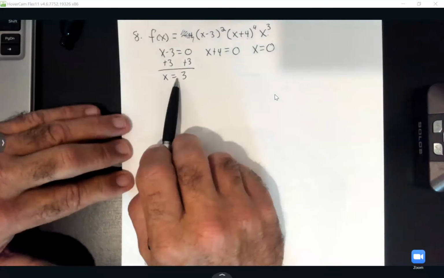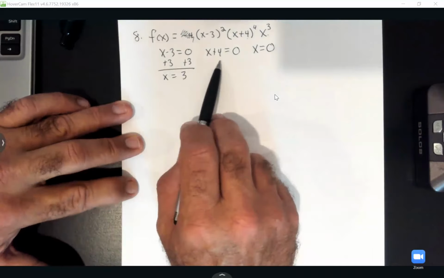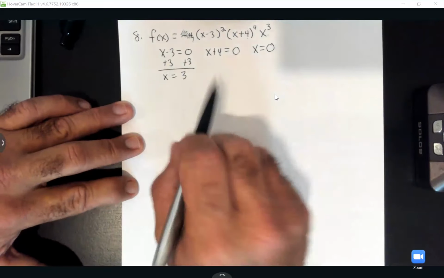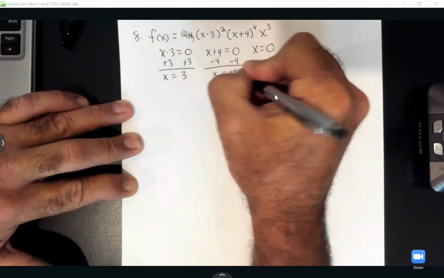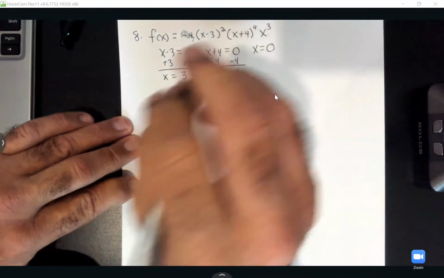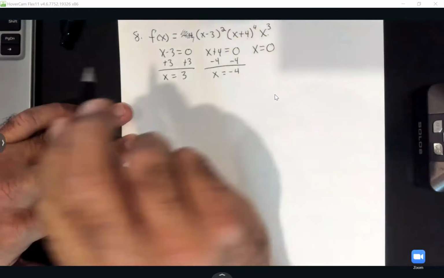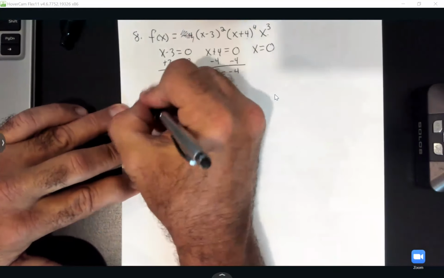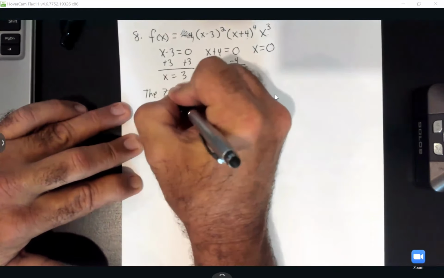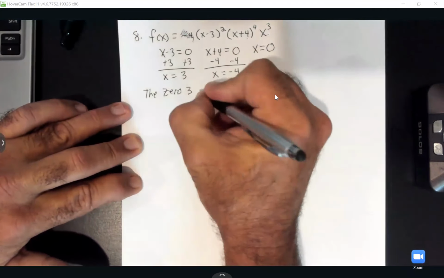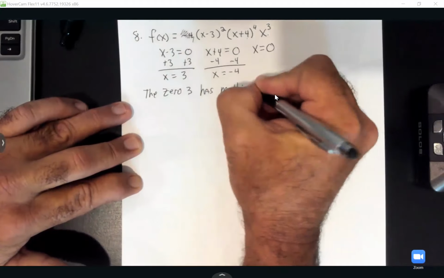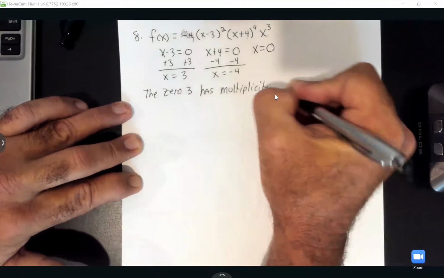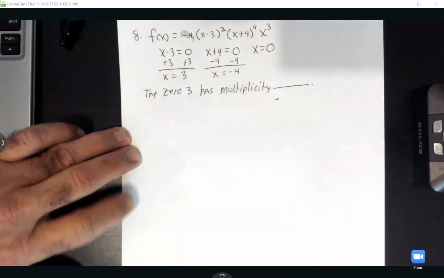All righty, so the first one gave me x equals 3. The second one, I'm going to subtract 4 from both sides. And I get x equals -4. So here's how they do these answers. They say the zero 3 has multiplicity blank.